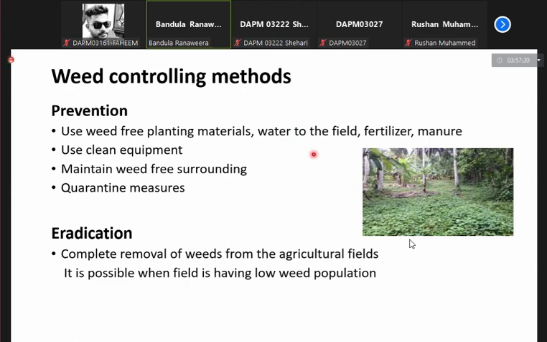Not only that, when we apply organic fertilizer or other inputs, manure, green manure, animal manure, there is a possibility of introducing some weed seeds, so random checking of all consignments used for crop establishment is very important. Then use of clean equipment, as I mentioned, the equipment should not have any adhered weed propagules.